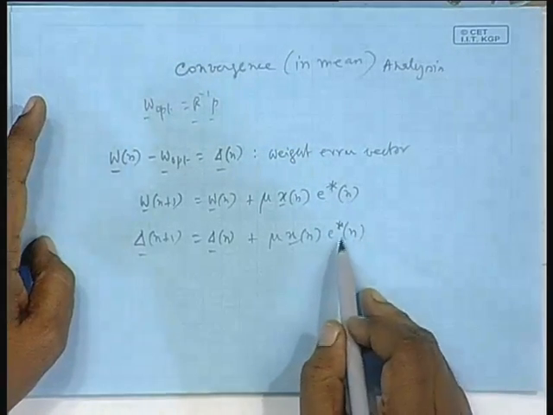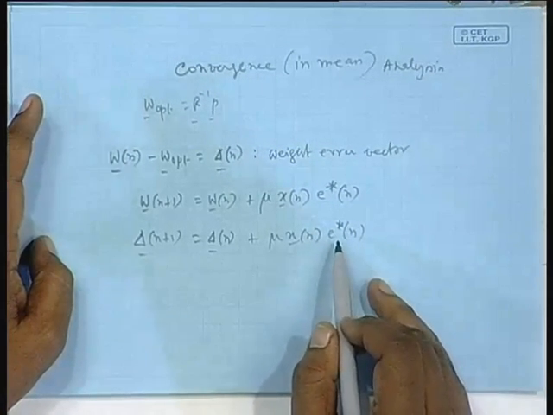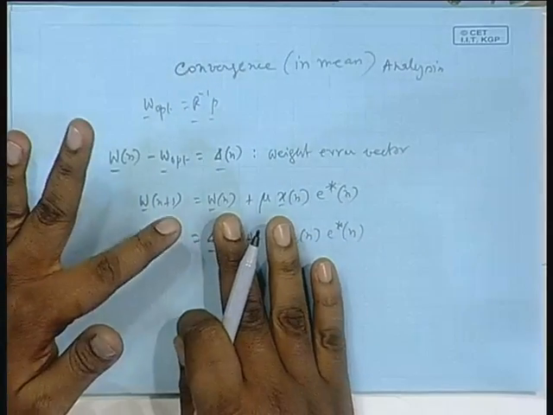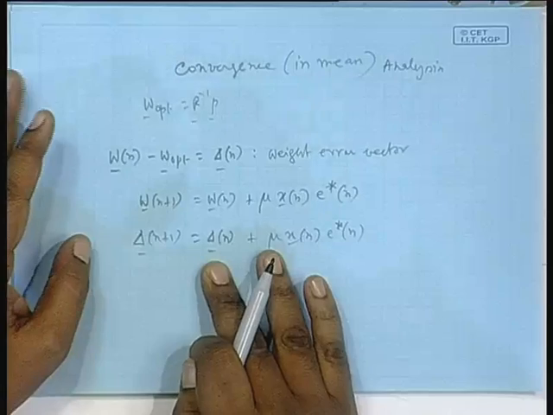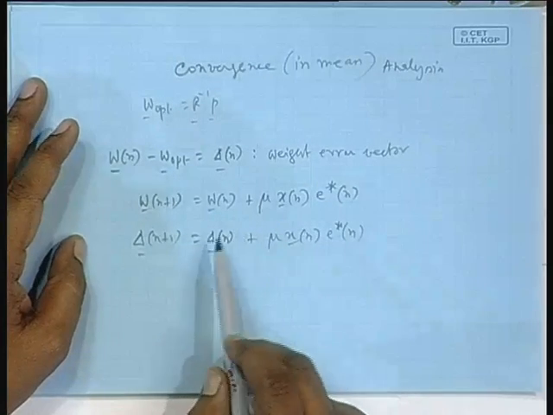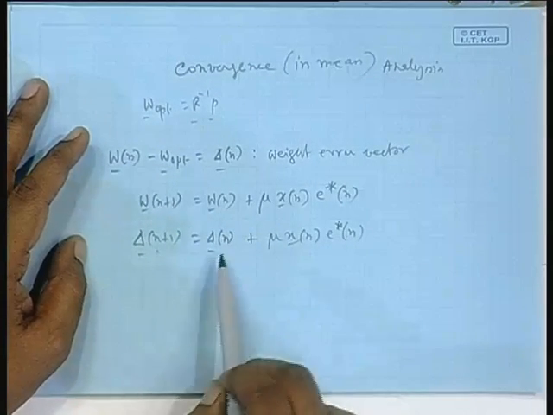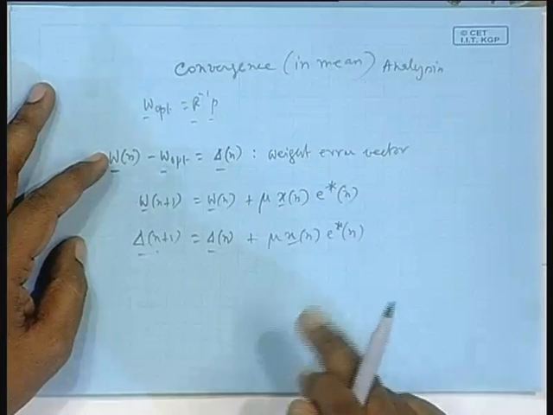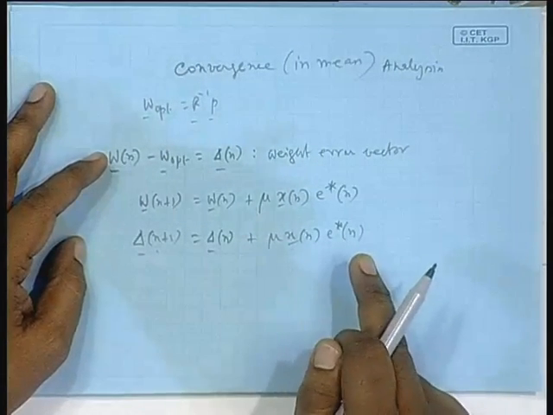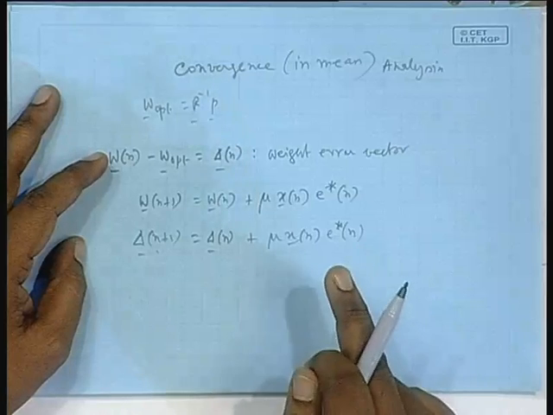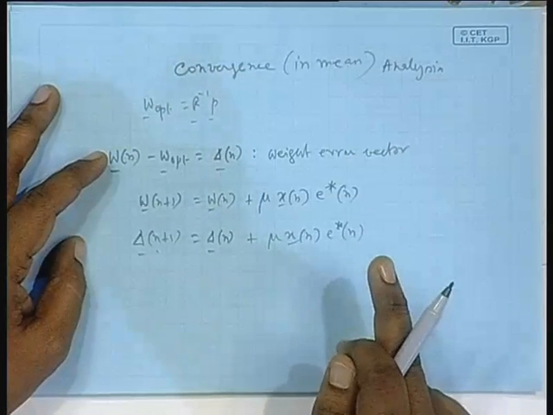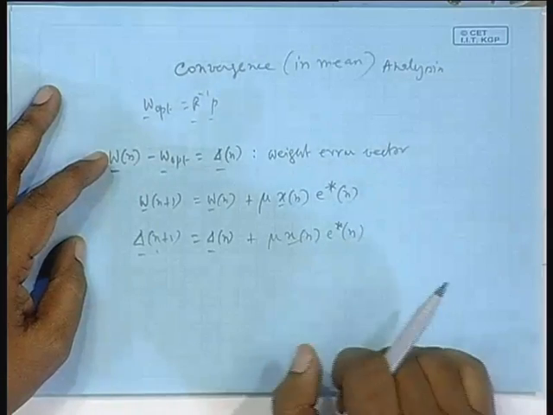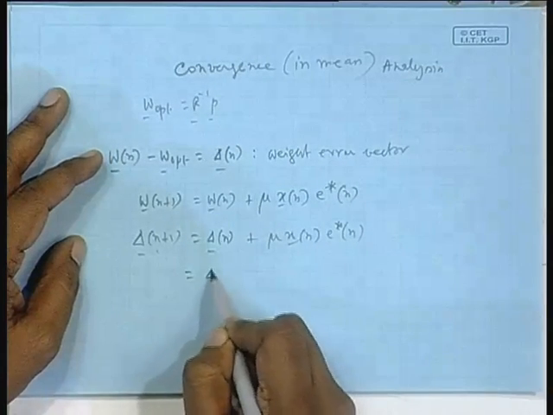But within this E star n or E n, I want to write both left hand side and right hand side in terms of delta, no W. I want to remove W's and bring in delta. Apparently, it might appear that we have done our business, delta here, but actually in this E also a W is hidden. What is E n after all? D n minus filter output Y n, and Y n is W Hermitian n into x n vector. So, there W lies. So, I have to expand it and again replace that W.